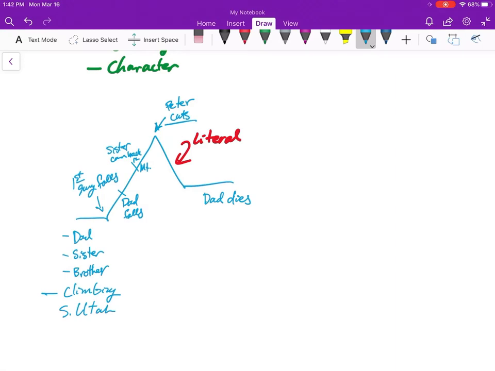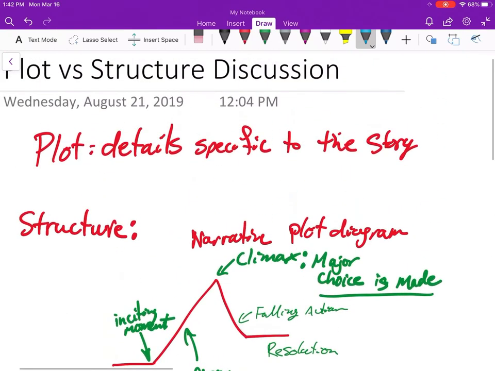Your assignment later will have to do with the plot and the structure of those 2 things. Remember, just as a way of going back to this, plot, those are specific details focused in on what's going on in the story. Characters, where it's taking place, all that kind of stuff. The structure is how it's all put together.